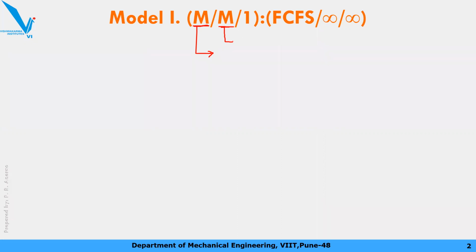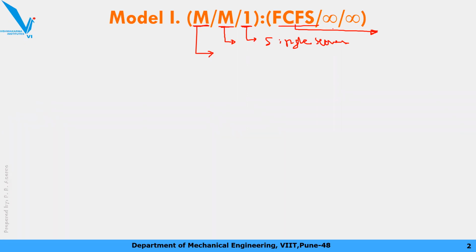M again shows that it uses exponential distribution. This number 1 represents the number of servers in the system. As the number is 1, that means we are dealing with a single server model. FCFS: the selection of customers is done first come first serve.